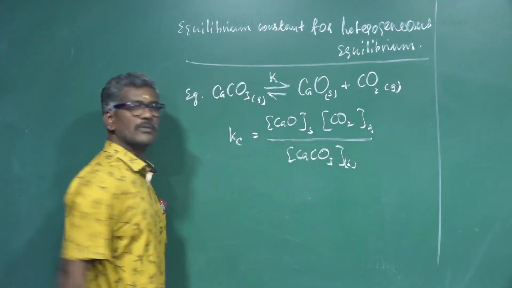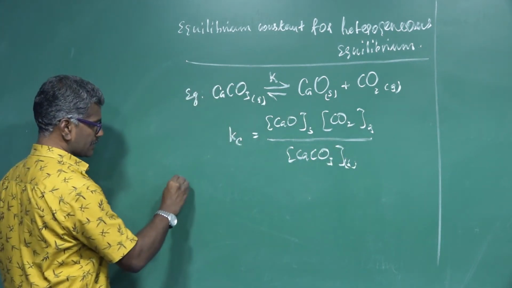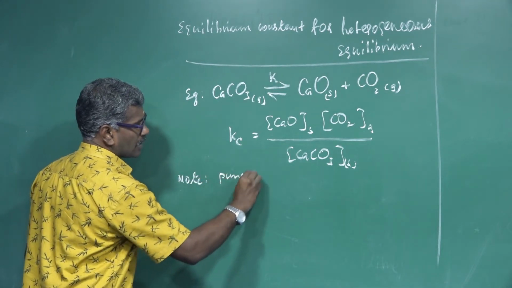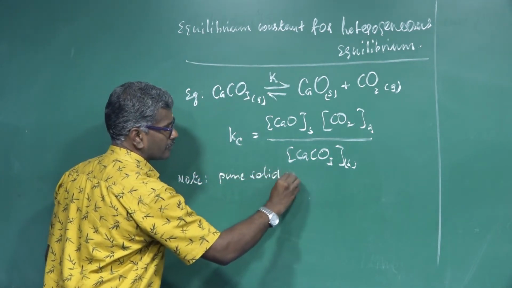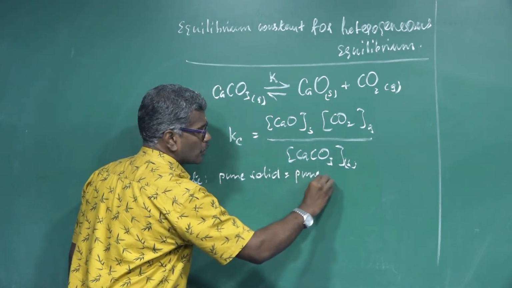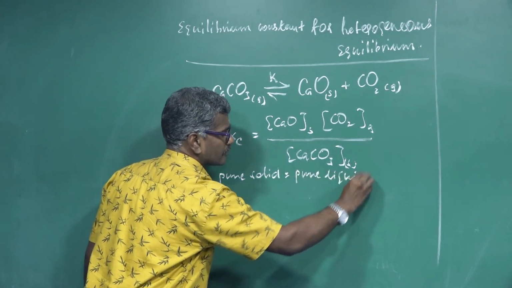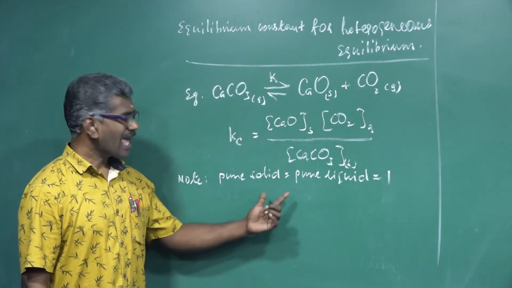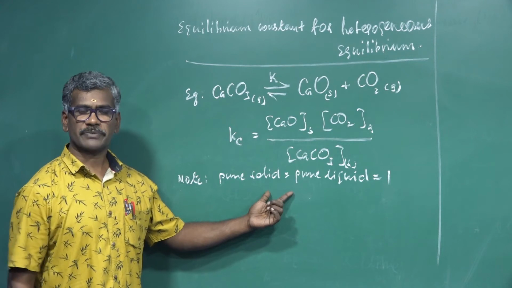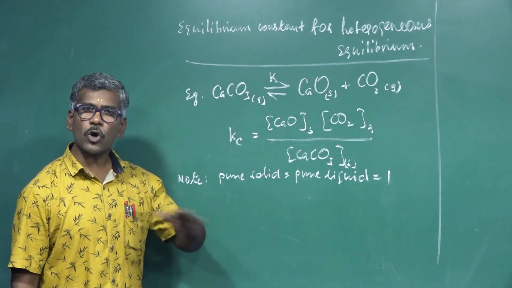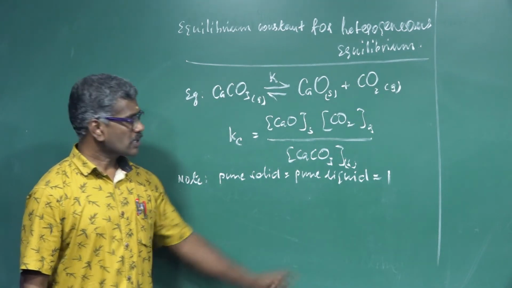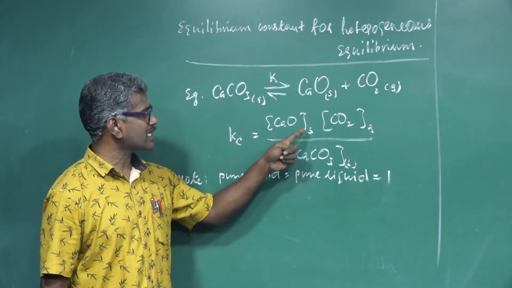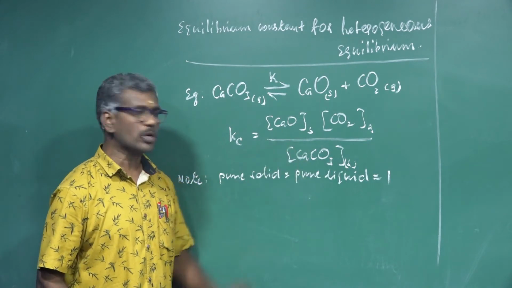Here one more important point is: pure solid or pure liquid has activity 1 because they have their own active mass. They remain constant during the reaction. So pure solid and pure liquid have what? Activity 1. This is a solid state, activity 1.